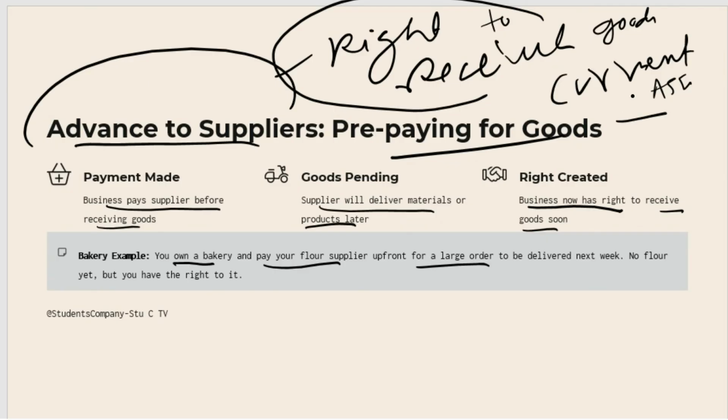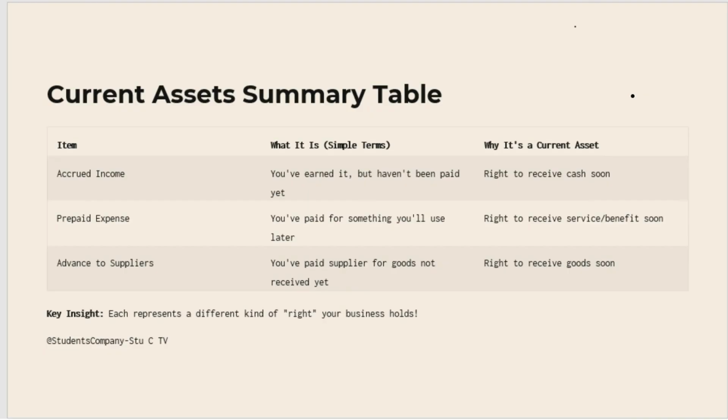Okay. This is the summary table. Accrued income means you have a right to receive cash soon, or income will be credited in your bank account soon. In prepaid expense, you have paid for an expense in advance, because you will get a right to receive service soon.